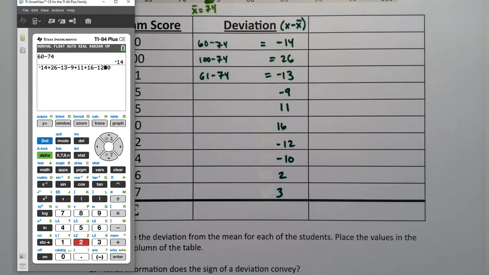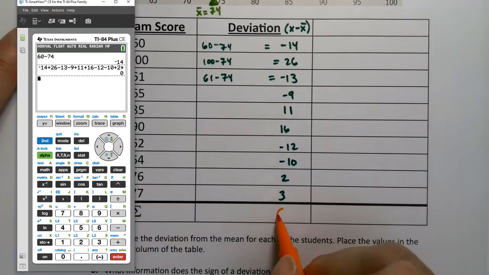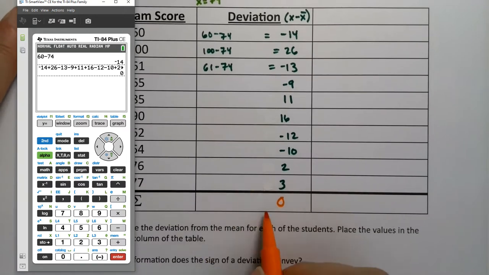I'm typing on a computer, and so it sometimes is a little slow in catching on to what I'm doing. There we go. And that first number had to be a little negative because it was in front, whereas all the other ones can be subtractions. Oh, look at that. It's 0. Rats. So when we get the sum, it's 0.